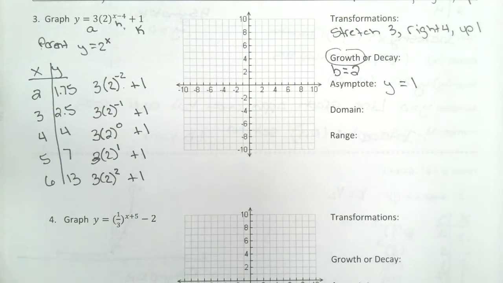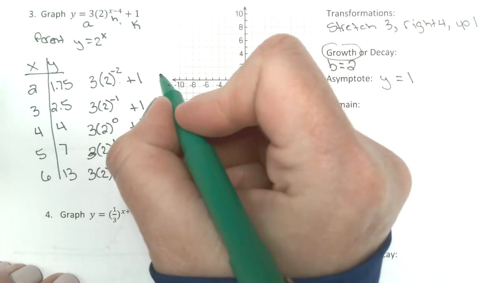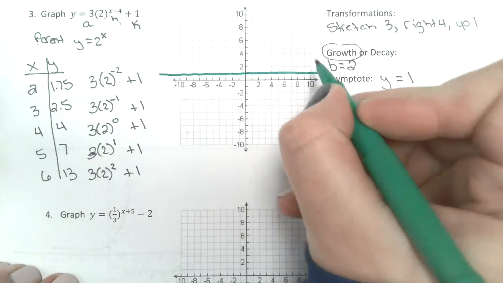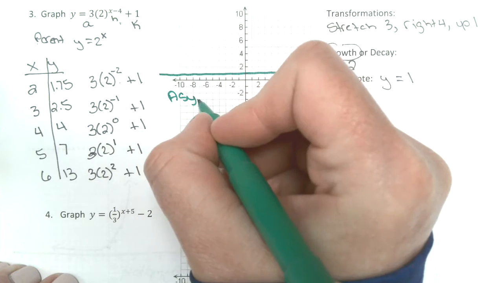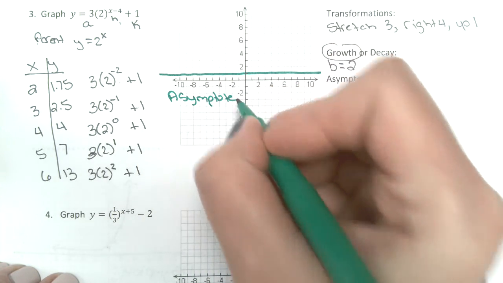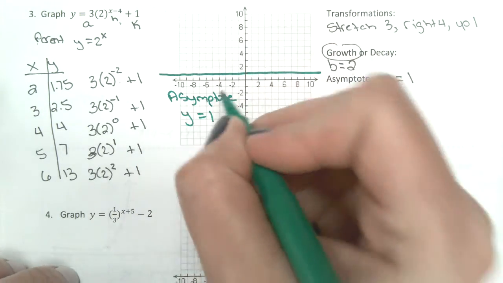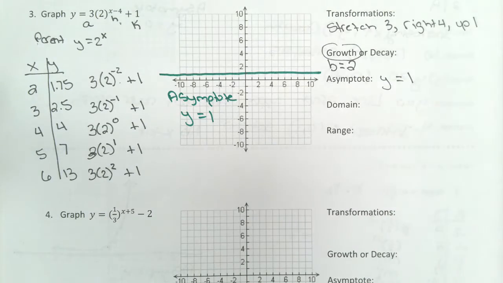And I'll do the others in a minute. So generally, the first thing that I do with my graph is I put the asymptote in so that I know not to cross that line.